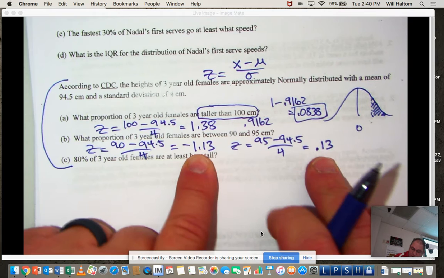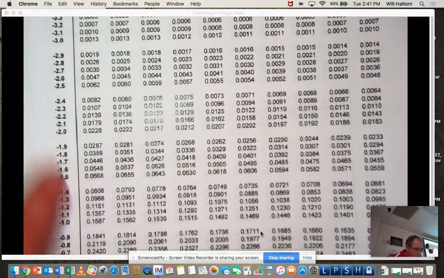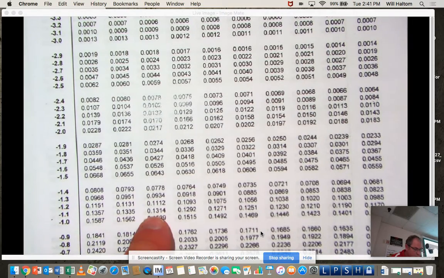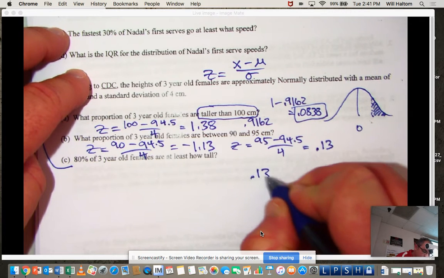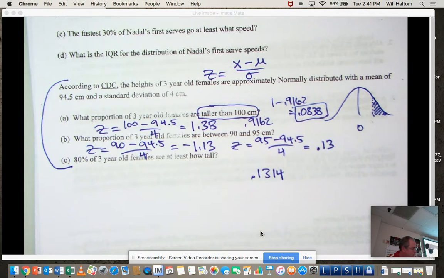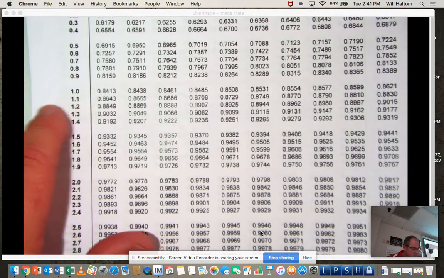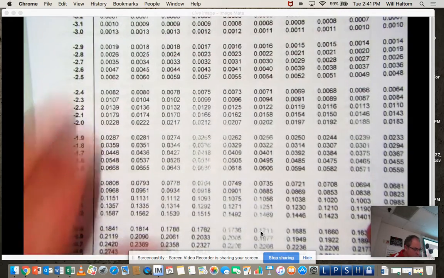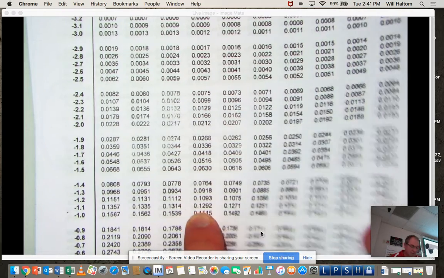I'm not going to subtract these two. I'm going to look up the percentages, which are 0.1292 for negative 1.13. Oh, I knew something was wrong, I first said 1314, but that last one was 1292.